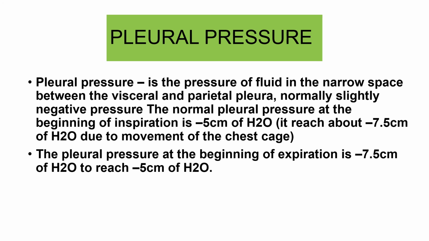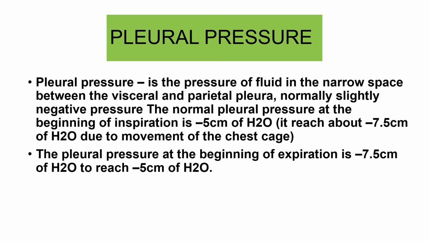The normal pleural pressure at the beginning of inspiration is minus 5 cm of H2O. It reaches about minus 7.5 centimeter of H2O due to the movement of the chest cage. At the beginning of expiration it is minus 7.5 and it reaches back to minus 5 centimeter of H2O.